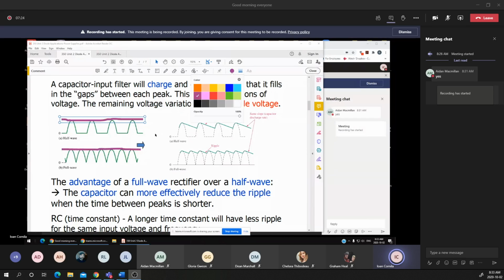Now you notice that at this point, any of the two waveforms, the output voltage on the half-wave or the full-wave rectifier, has a ripple. Now the question is, what is a ripple? Actually, it's the change or the variation on the output voltage.